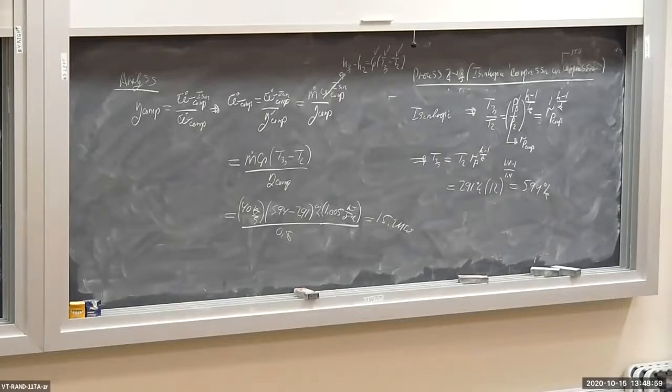I can write this somewhere. W dot compressor, 15.2 megawatts, okay?